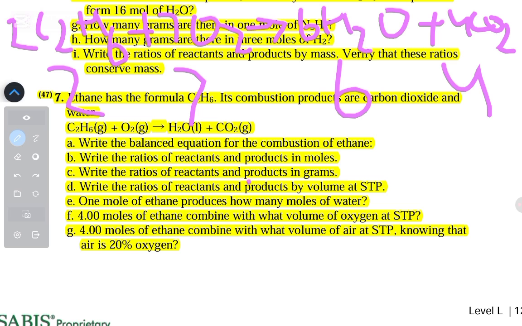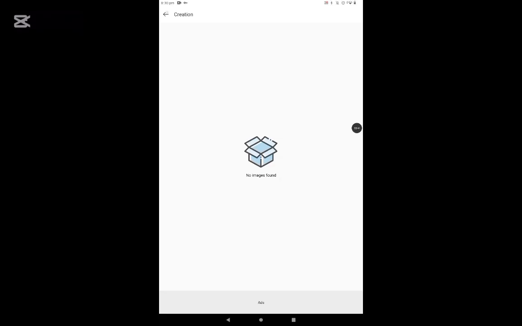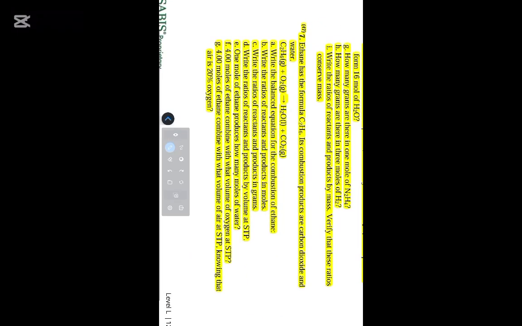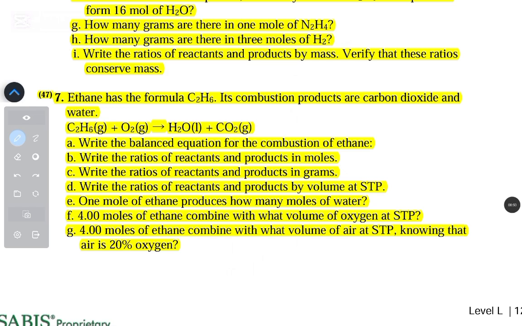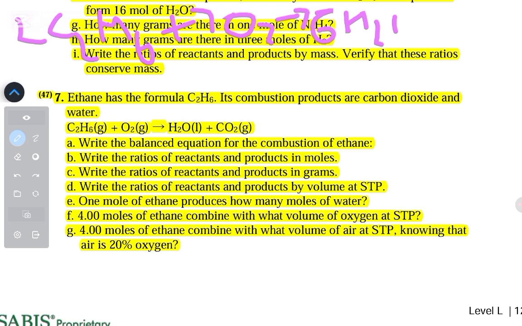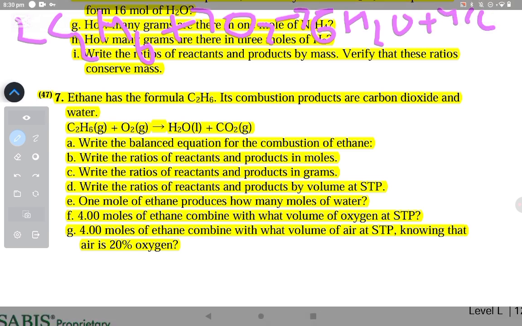Now the ratios of reactants and products in grams. We know that mass is equal to molar mass times moles. So we just need to find the molar mass. I'm just rewriting this because I keep messing it up every time. 2C2H6 plus 7O2 gives 6H2O plus 4CO2.